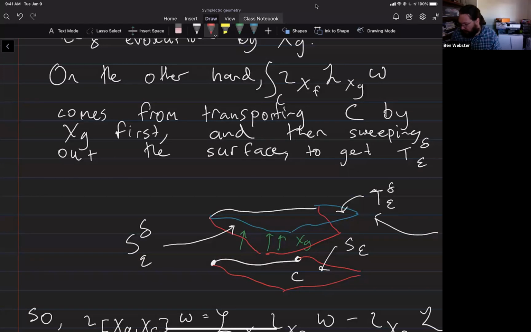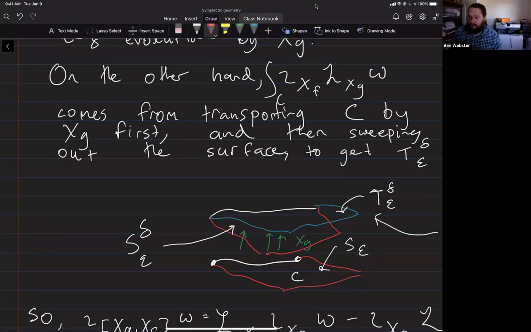Well, there's one where I just start with my original curve, and I evolve with respect to xf. And then there's two that play a different role. I can either take this S epsilon and evolve it with respect to xg, or I can first evolve the curve with respect to xg and then push off the curve with respect to xf.